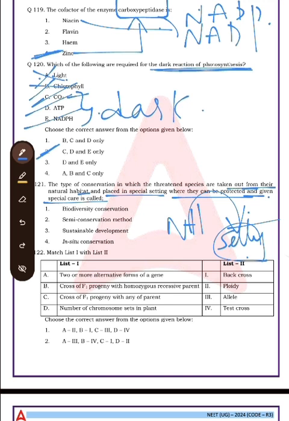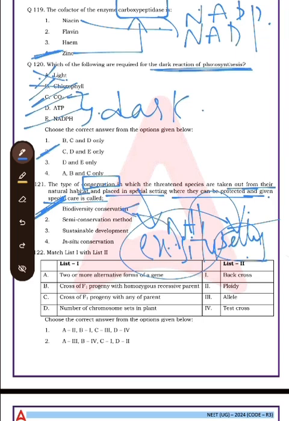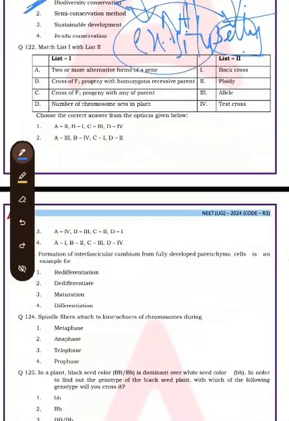It is called biodiversity conservation. We are conserving the animals to not become extinct. It is where species are taken from natural habitat and placed in a special setting, and this is called ex situ conservation. They are taking out and placing at the other place, ex situ, and this ex situ comes under biodiversity conservation.